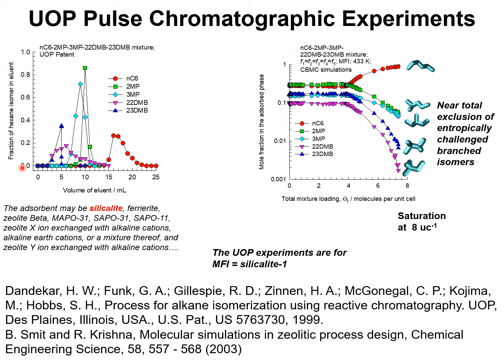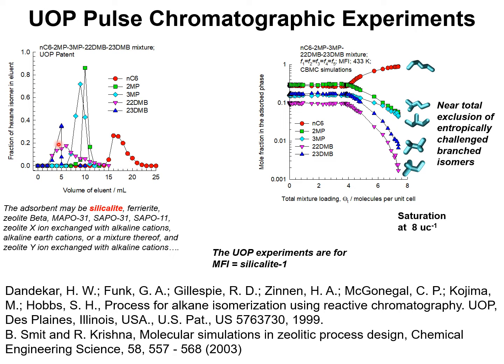The volume fraction of the hexane isomers in the eluted sample is plotted against the volume of the eluent, and the sequence of elution is dibranched isomers, the monobranched isomers, 3-methylpentane, 2-methylpentane, and the last component to elute is the normal hexane.